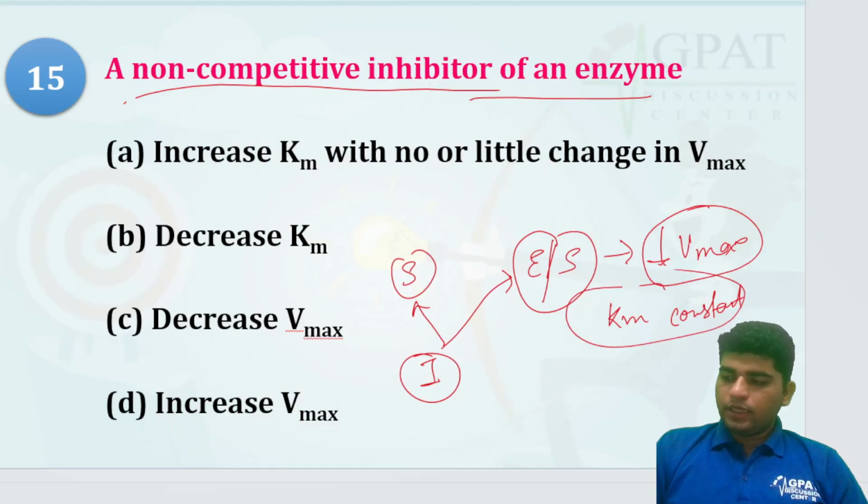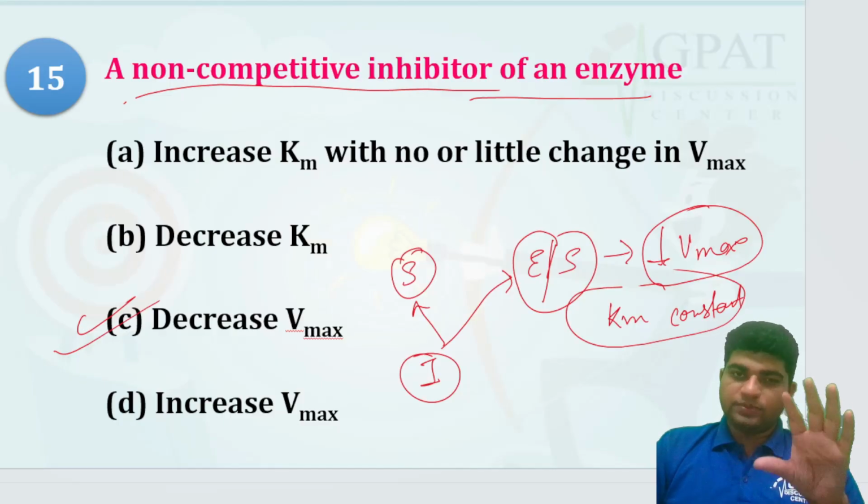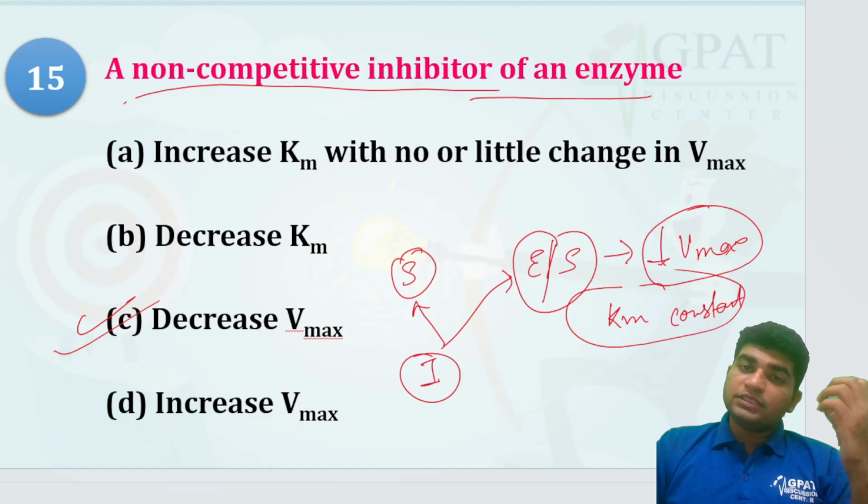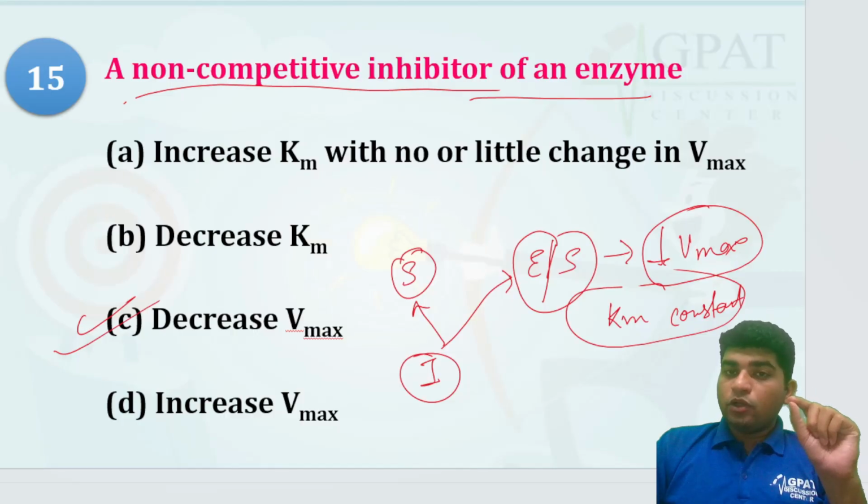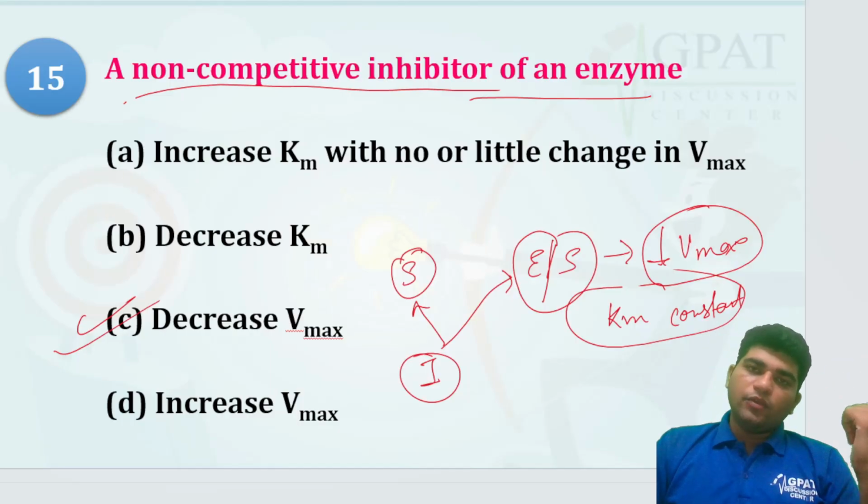It is not competing with the substrate; it binds onto the allosteric site of the free enzyme, and also onto the enzyme substrate complex, which ultimately decreases the Vmax of the enzyme. That is, it decreases the enzymatic activity.